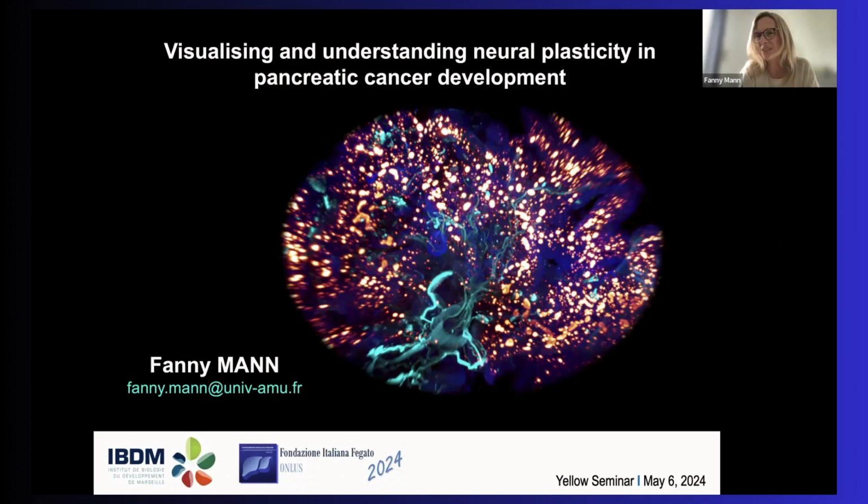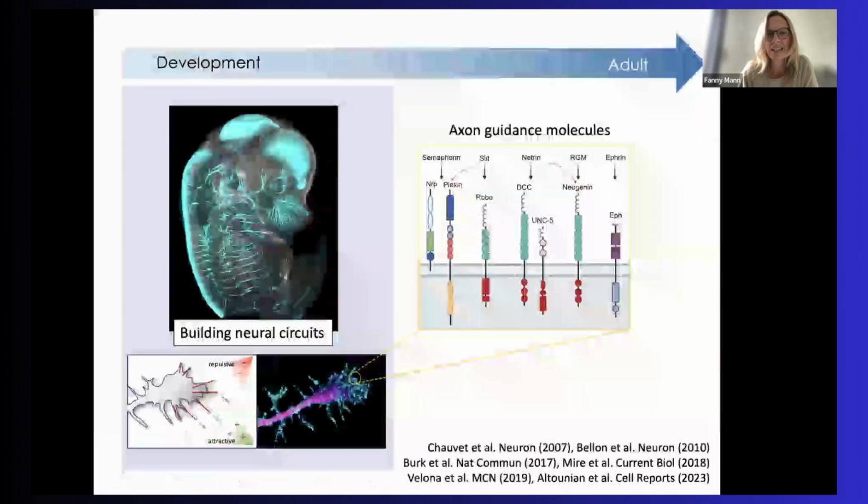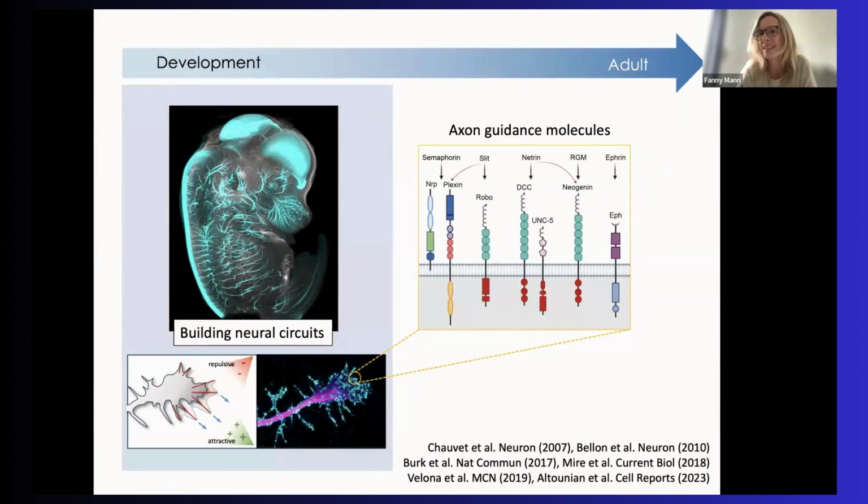So I'm a developmental neurobiologist, and my group originally specialized in studying how these beautiful patterns of neuronal projections develop during embryonic life. And this is a very complex process during which the newborn neurons extend an axon that navigates often over long distances to reach their proper targets.